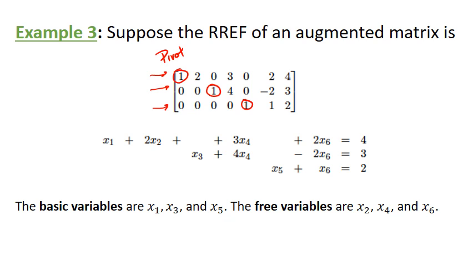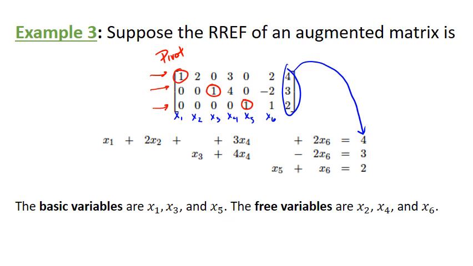If I look at this, the columns represent x1, then x2, 3, 4, 5, and 6. This is the right part, or to the right of the equal sign. Okay, so if there is a pivot, then that variable is a basic variable.